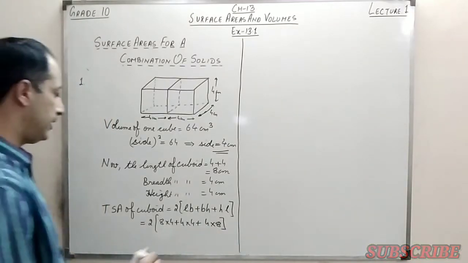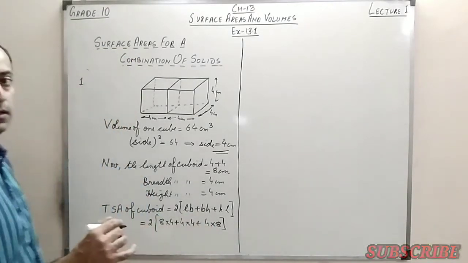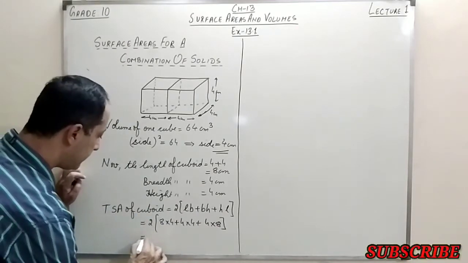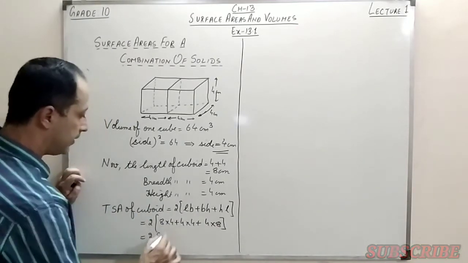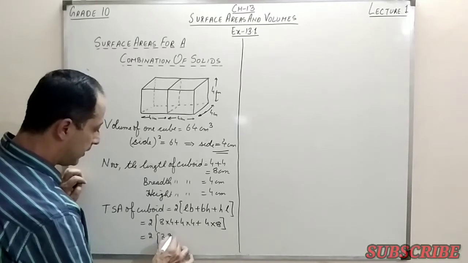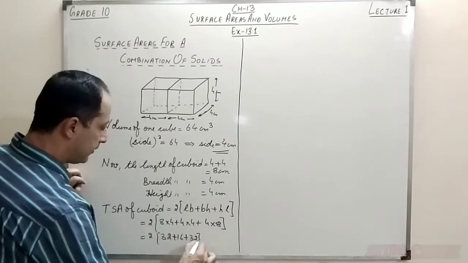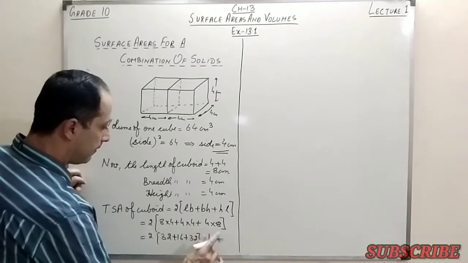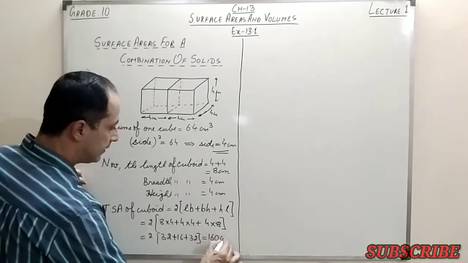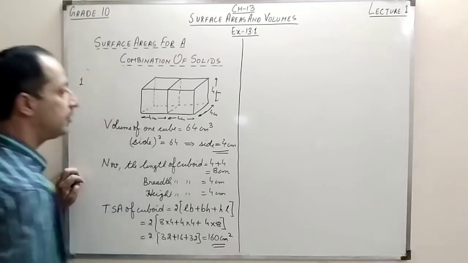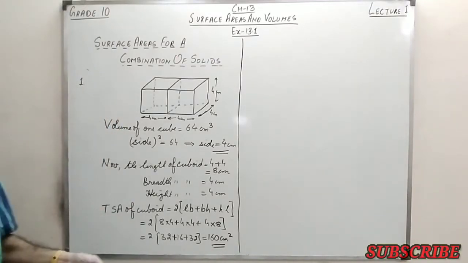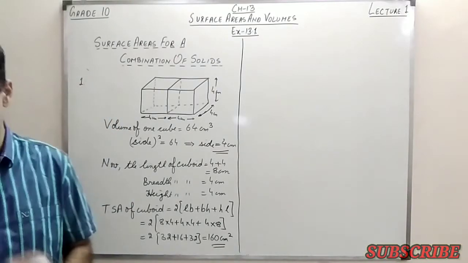Right, so we just find out the answer for this. This is 32 plus 16 plus 32. That comes out to be 160 centimeter square. So this is the total surface area of the resulting cuboid.